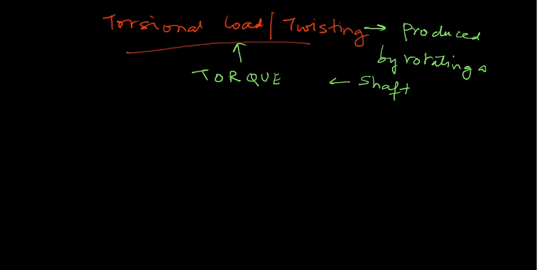If we have to visualize it, let us take a shaft, and this shaft is of a circular cross section. Okay, and let me just draw the side view for this. This is the front view, the elevation. Let me draw the side view.